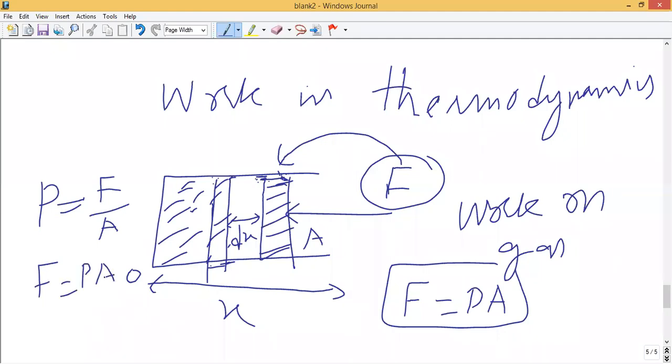Because gas has pressure, you must apply a force equivalent to the force that gas is applying. So you must apply equivalent force on the gas to do work on the gas.